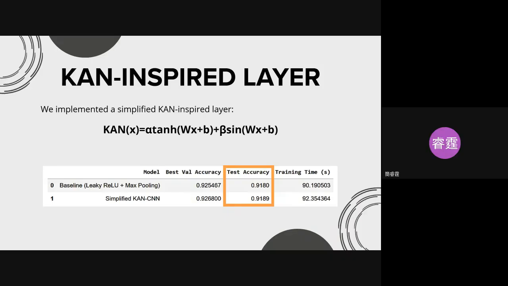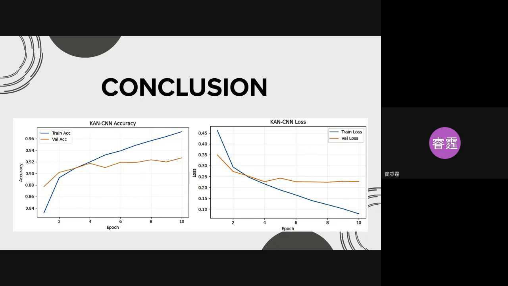The training time only increased a little, from about 90 seconds to 92 seconds, so the extra cost is acceptable. Next page. From the training curves, we can also see that the training accuracy keeps increasing and the training loss keeps decreasing.